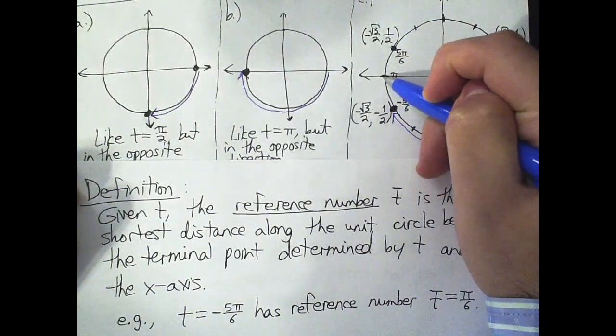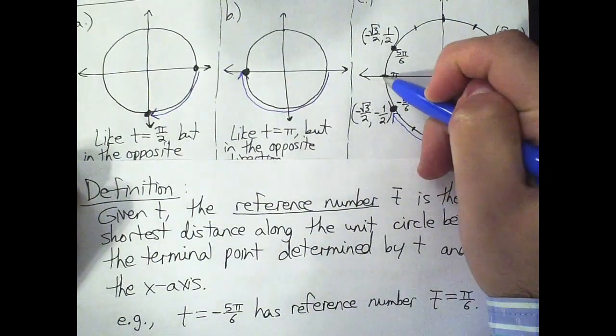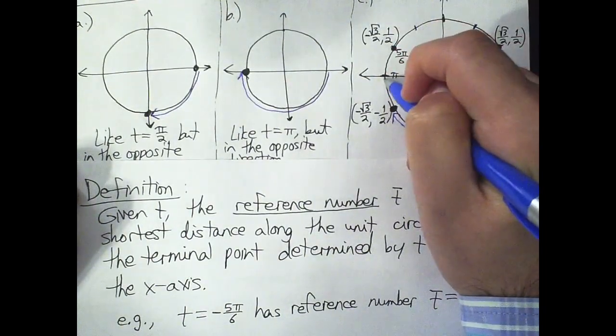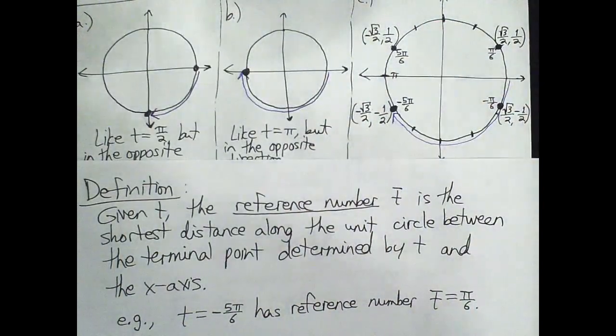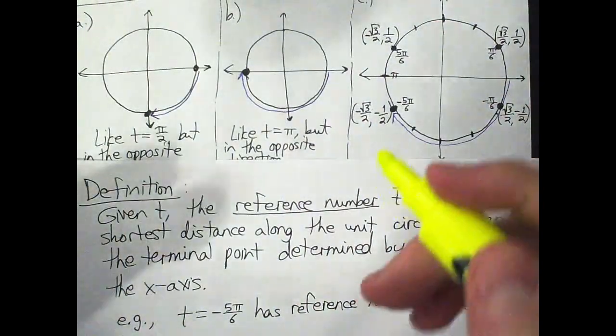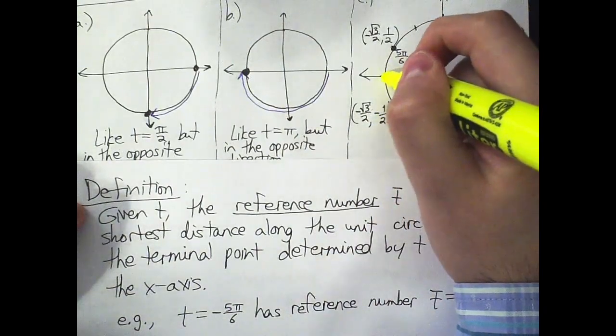Here's the x-axis. It's this little distance right here. Let me see if I have another color. How about we highlight it? This distance.